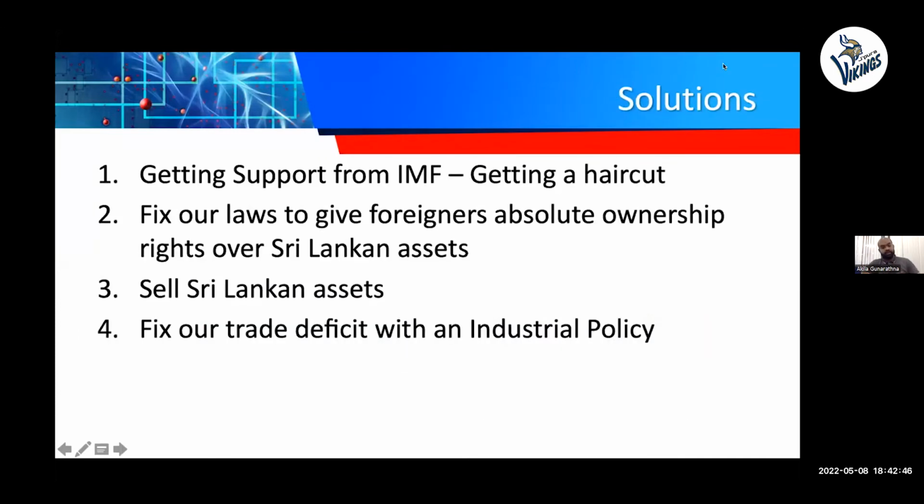So what are the solutions now? I was explaining the issues that we're experiencing. Solutions wise, one is getting support from the IMF. This was long overdue, but the government did not want to go to the IMF because if you go and restructure your debt with the IMF, you have to go through their conditions, like to free float the rupee, and you have to show more transparency, and they'll get involved in some administration.